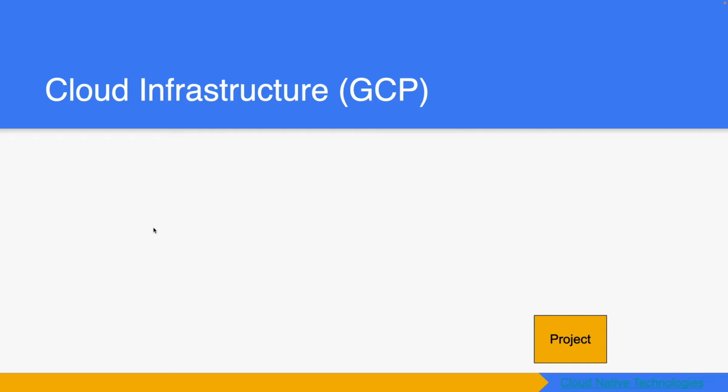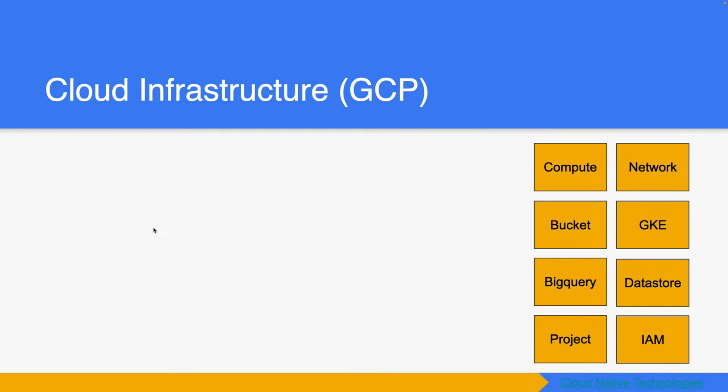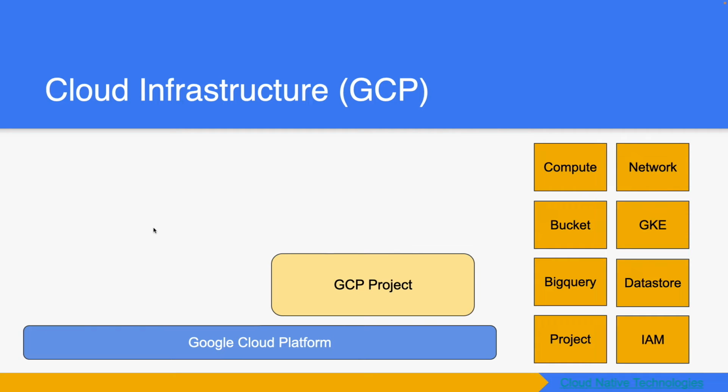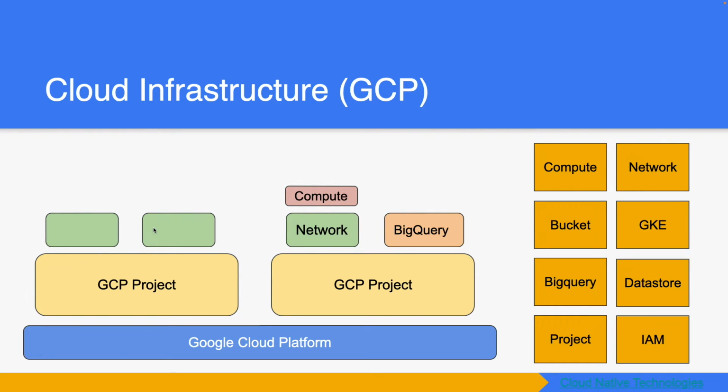So we create a project module, then an IAM module, BigQuery, datastore, and various other modules. If you want to create a GCP project, you just use the project module and create one or multiple GCP projects. On top of a GCP project, when you want to create a network, you use the network module. You can have one network or multiple networks. To create some BigQuery resources, you can use the BigQuery module. To create a compute VM instance, you can use the compute module.